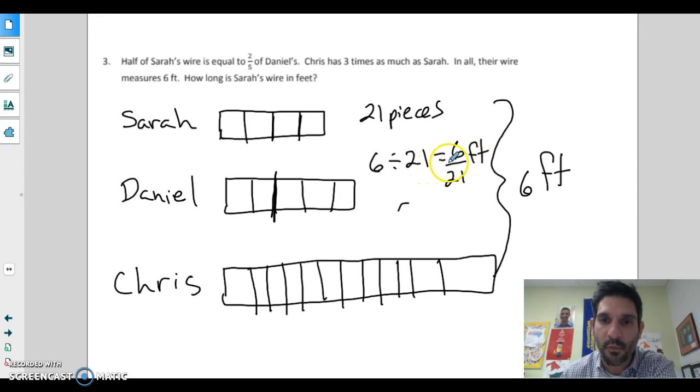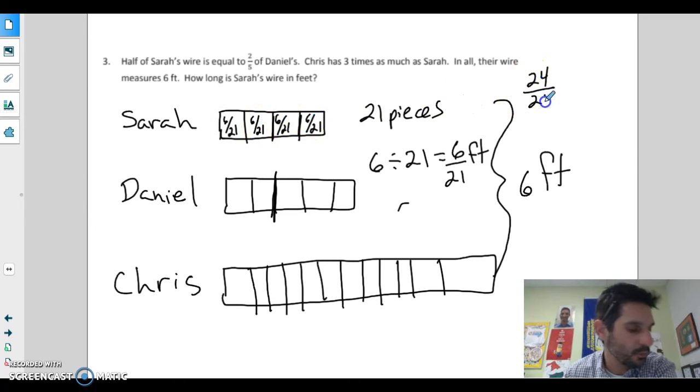So how long is Sarah's wire? Well, if one piece is equal to 6 over 21, then this is going to be 24 over 21, which is equal to 1 and 3 over 21, which is equal to 1 and 1/7 feet.